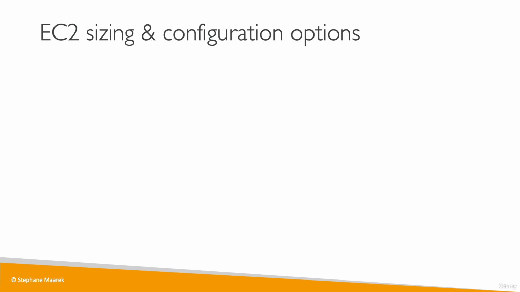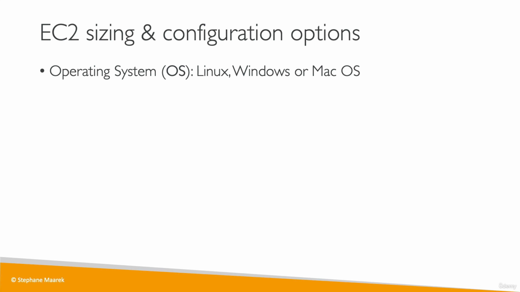So our virtual servers that we rent from AWS. So what operating system can we choose for our EC2 instances? 3 options: Linux, and it's going to be the most popular, Windows, or even Mac OS. How much compute power and cores you want on this virtual machine. So how much CPU.